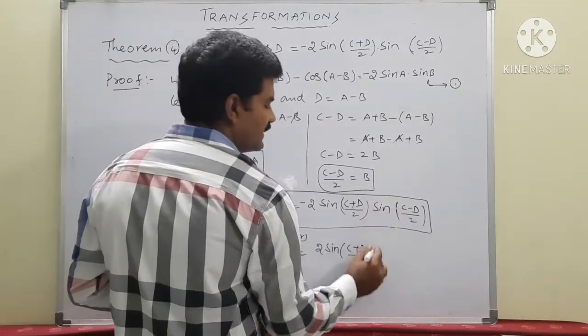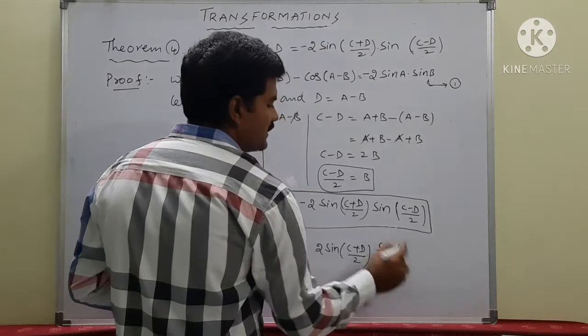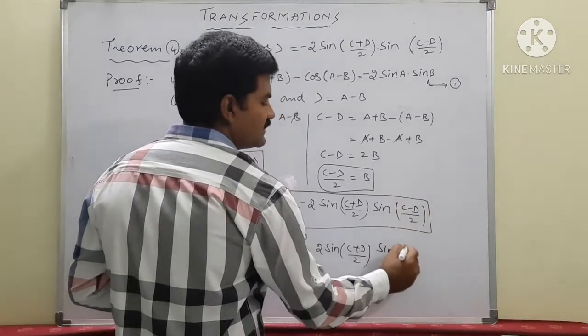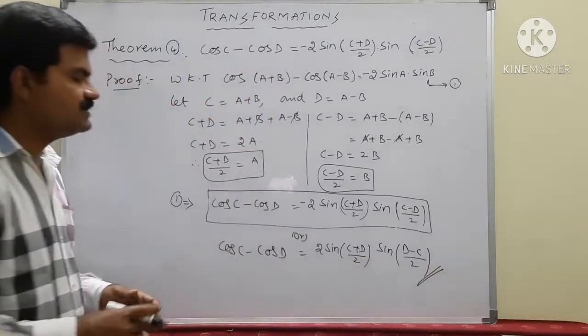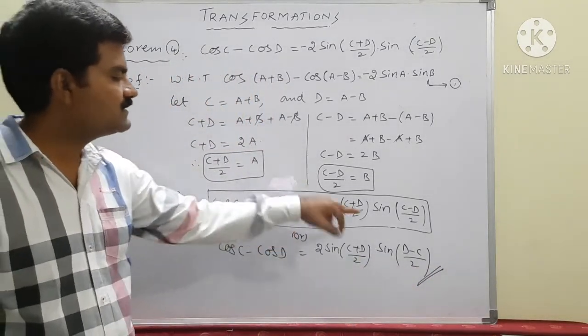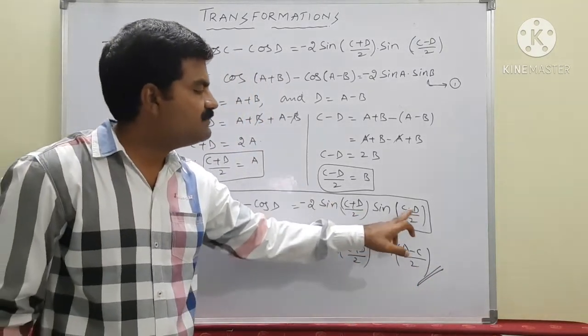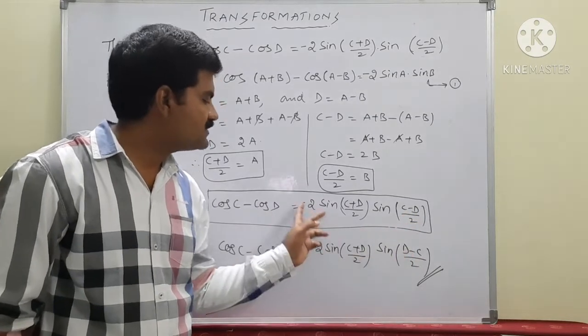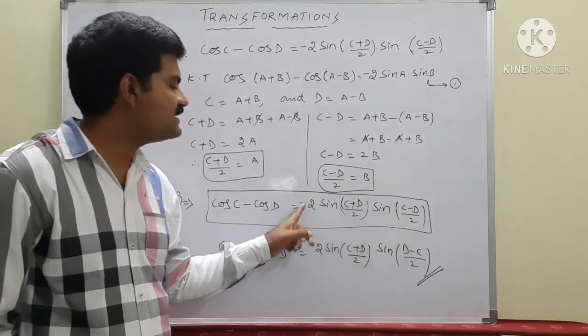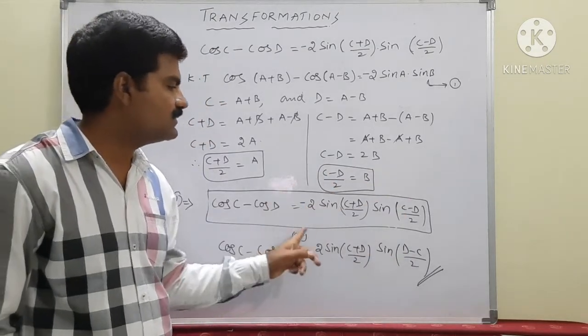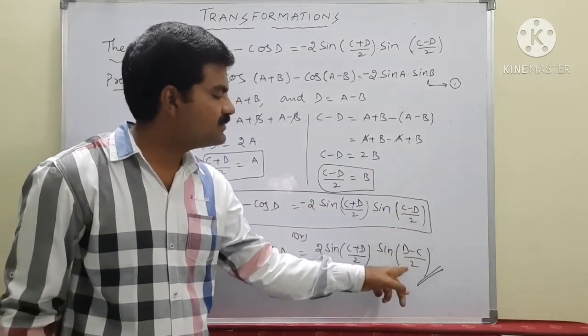So if I take this minus inside, then (c minus d) by 2 can be written as (d minus c) by 2. So if you want to give this minus inside the sine, then minus of sin of (c minus d) by 2 is nothing but sin of (d minus c) by 2.